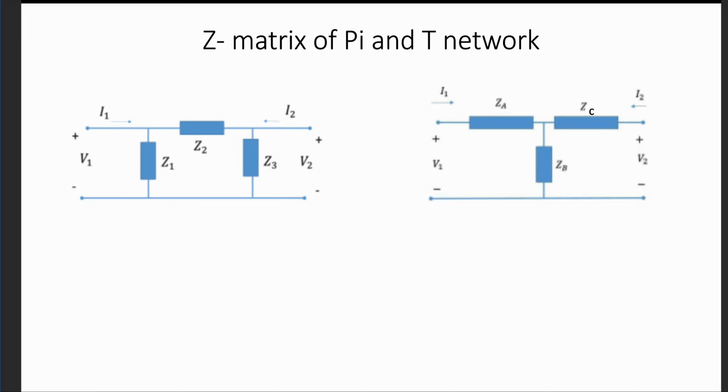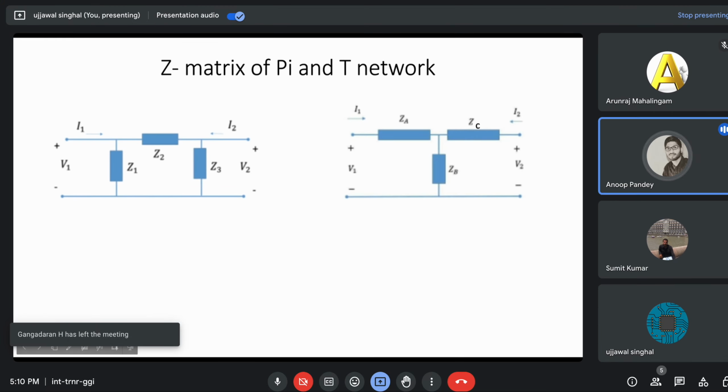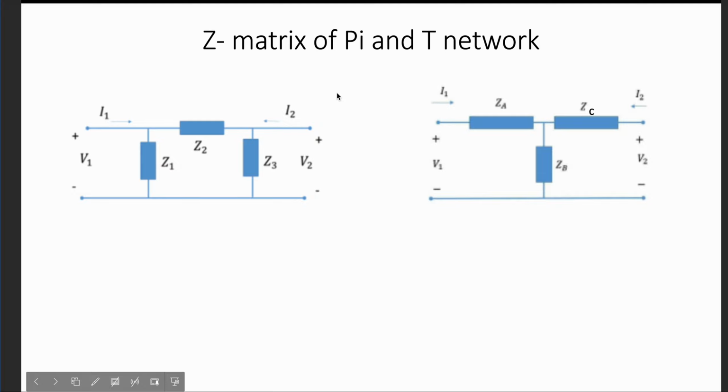I hope everyone knows how to calculate the Z matrix of such networks, right? Yes, sir. Yeah, so you are doing right. What will be the Z11 and Z21 of the given network?